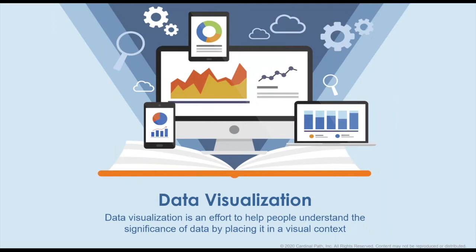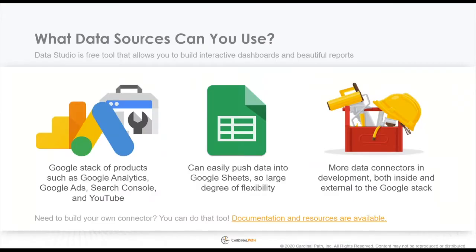So we talked about some of the data sources that you could use. You're not restricted to creating a connector or using the standard connectors that Google provides, although there are numerous connectors available already. If you simply have a data source in the form of a spreadsheet, you can definitely push that into the Data Studio dashboard, either as a spreadsheet itself or a comma separated or tab separated file.